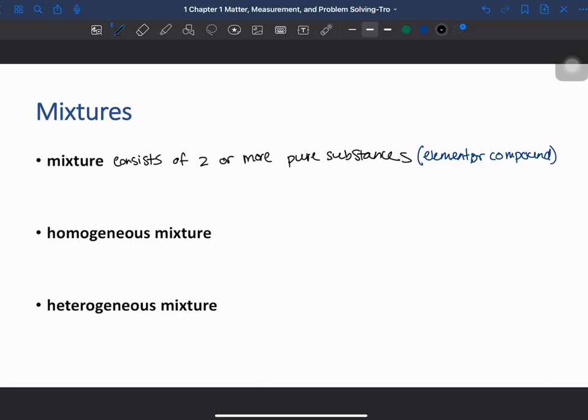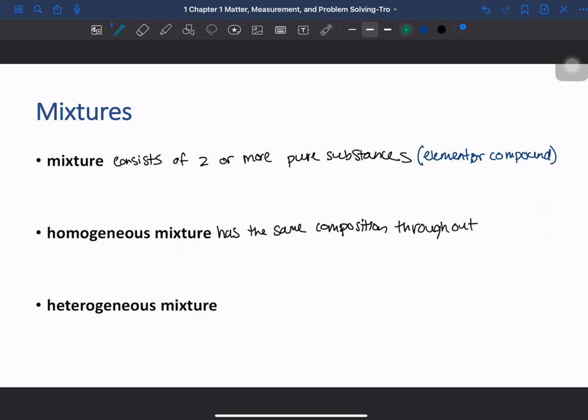The first is a homogeneous mixture, and a homogeneous mixture has the same composition throughout the mixture.